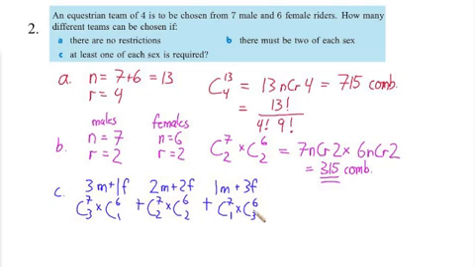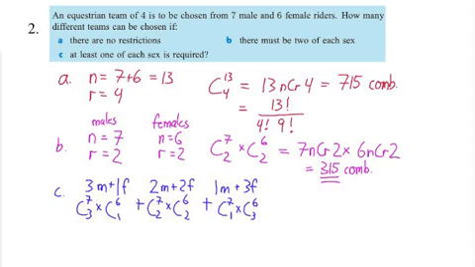And so really at this point, this becomes a plug-and-chug problem where we're going to plug these combinations into our calculator. You could do it by hand, but it would take a little bit of time. So I suggest you use your graphing calculator. So using our calculator, we can find the combinations for each of these expressions.